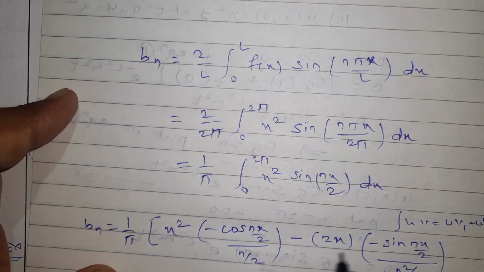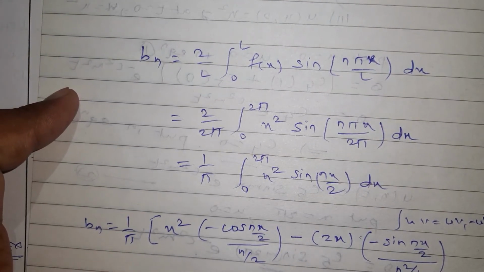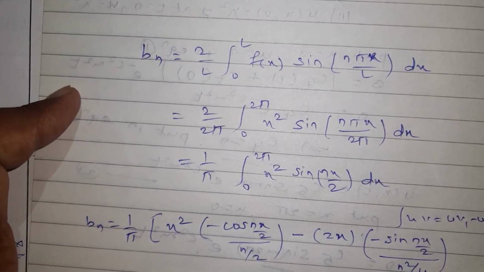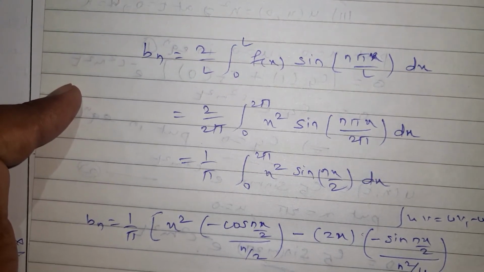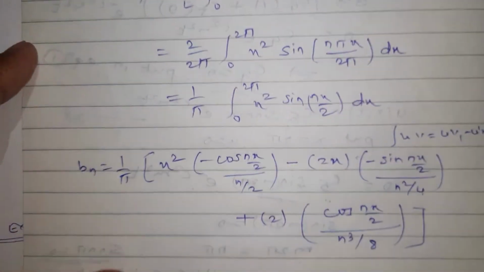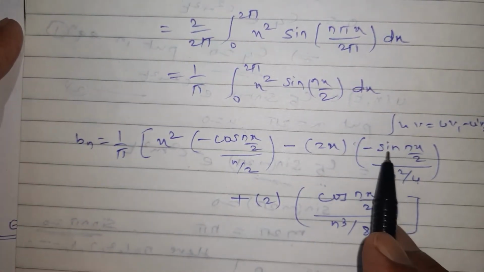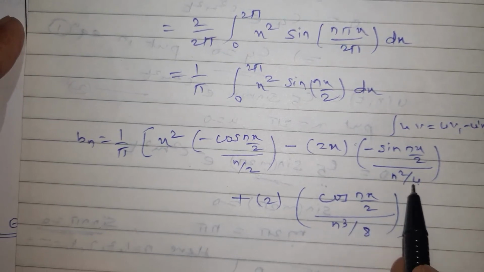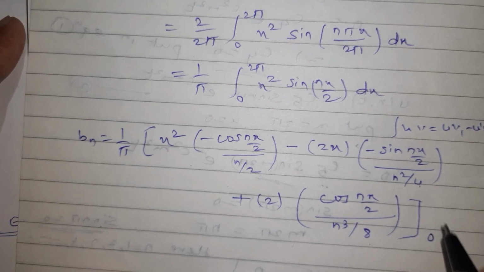Plus, what is derivative of 2x? 2. And what is integration of minus sine? It is cos nx upon 2 divided by n cube upon 8. Right? It is 2 into minus sine, its integration is cos nx upon 2, then here n square by 4 into n by 2, so it is n cube upon 8. Limit is 0 to 2 pi.